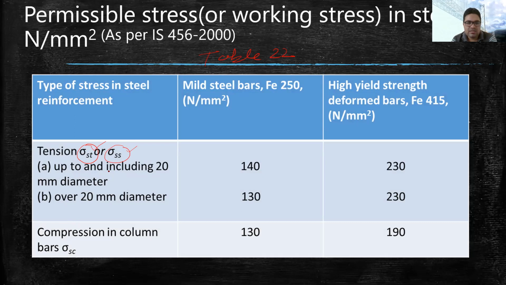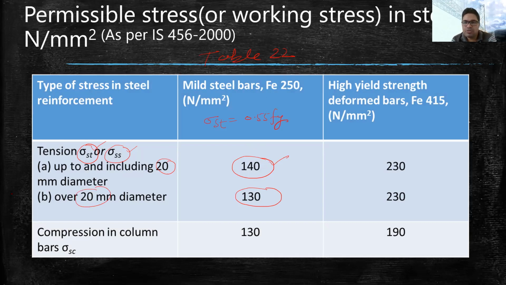It says up to the diameter of 20 mm, the value of permissible stress for mild steel will be 140. This is again calculated using the formula for sigma ST, 0.55 times Fy. So up to 20 mm dia this value will be 140, and this value will be further decreased if the diameter of the bar is more than 20 mm.